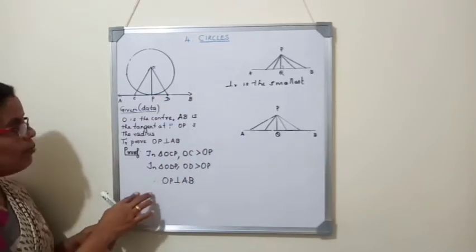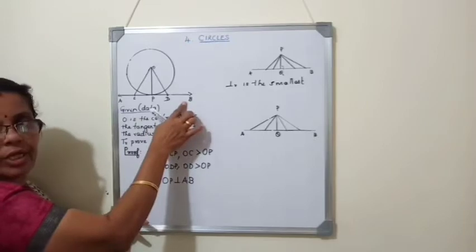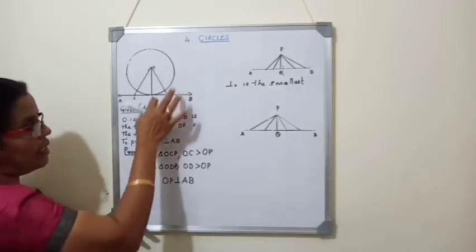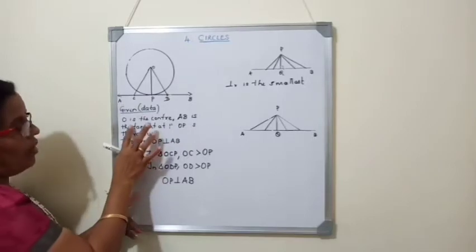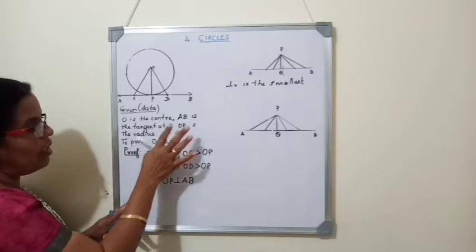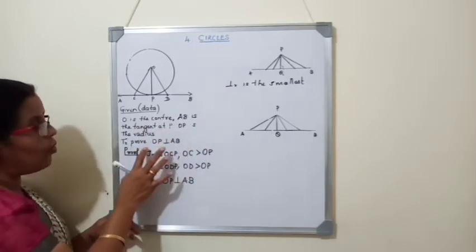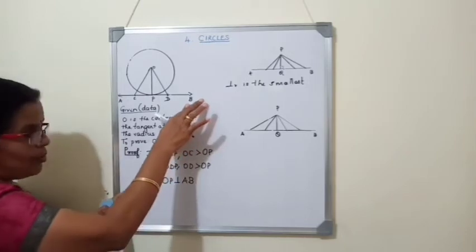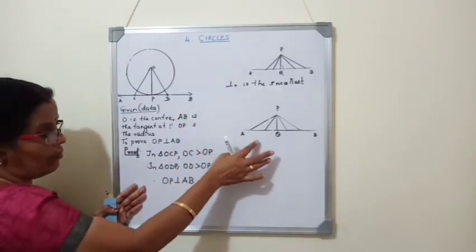So once again I will repeat. AB is the tangent, P is the point of contact, OP is the radius of the circle. Given, we have to write O is the center, AB is the tangent, OP is the radius. We wanted to prove that OP is perpendicular to AB. To prove this, we will apply the converse of the theorem.